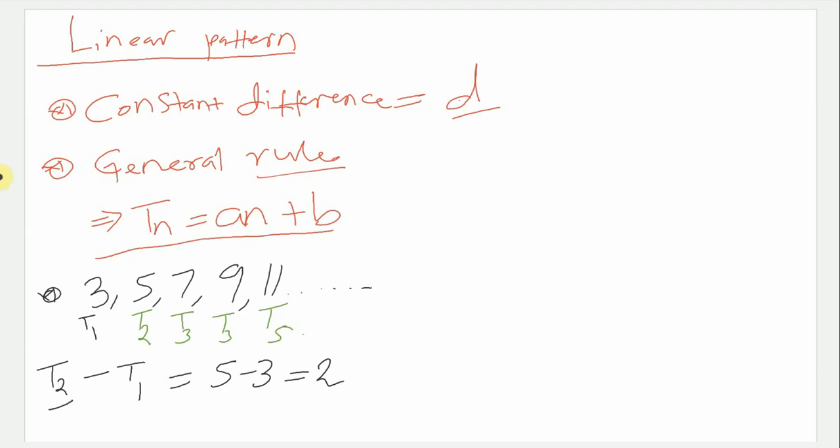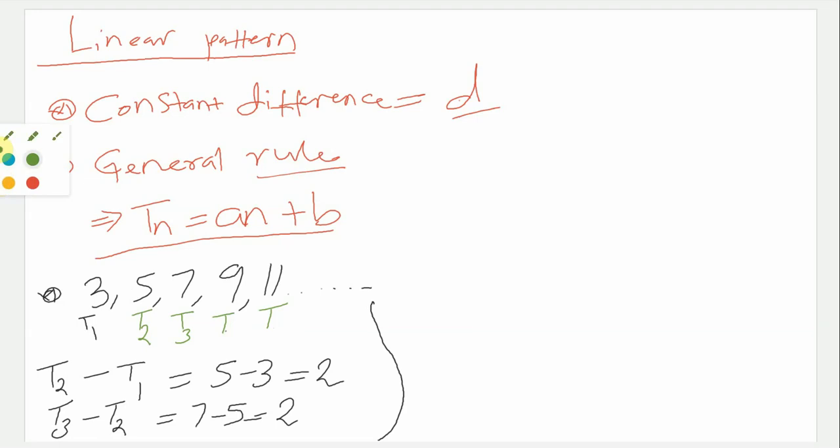And then we do it again with T3 minus T2, which is 7 minus 5, and this will give you 2 as well. Oh no, I'm sorry, this was supposed to be T4, not T3. So let me just say T4 and then T5.